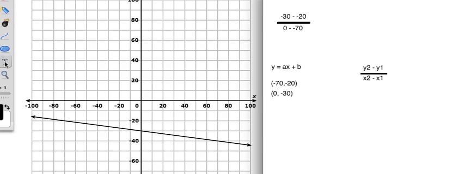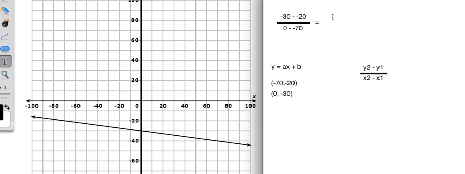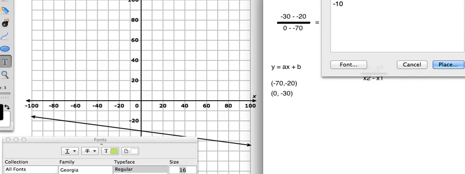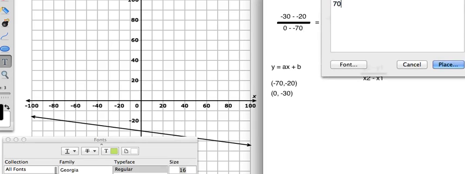And then I do my arithmetic here. I say negative 30 minus negative 20 is the same thing as negative 30 plus 20. Negative 30 plus 20 is going to give me negative 10. So let me write that there, negative 10. And 0 minus negative 70 is the same thing as 0 plus 70. And 0 plus 70 is just plain old 70.